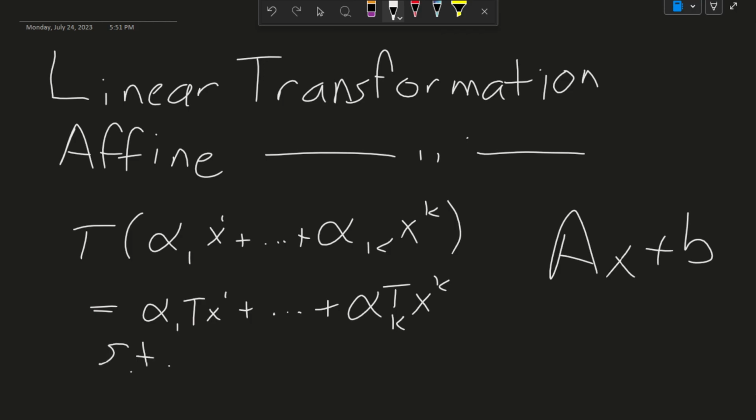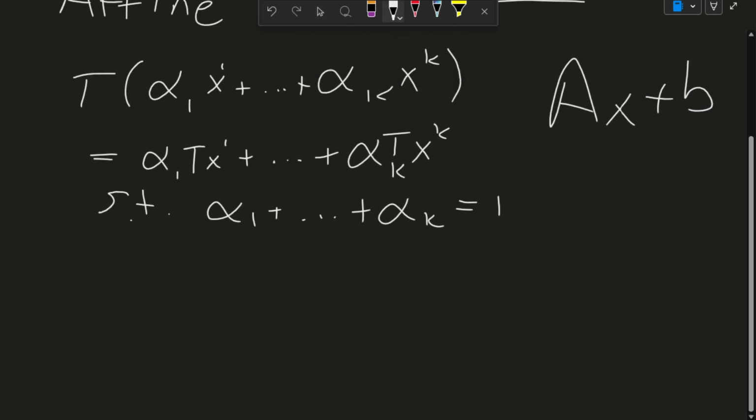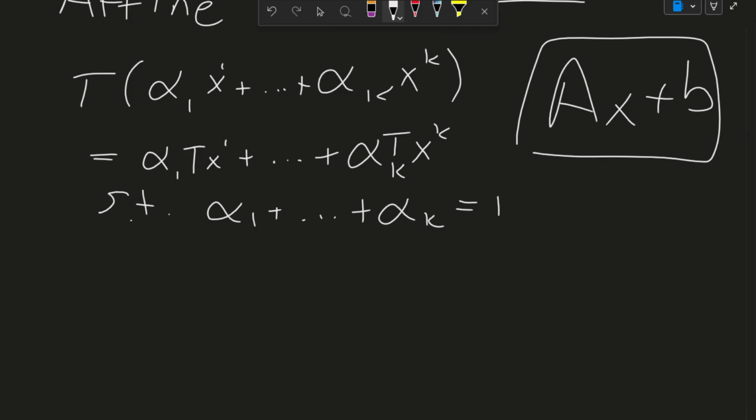I think this is a really interesting thing to note, because oftentimes when affine transformations are presented, they're just written like this. And so we want to get to this formula, right?